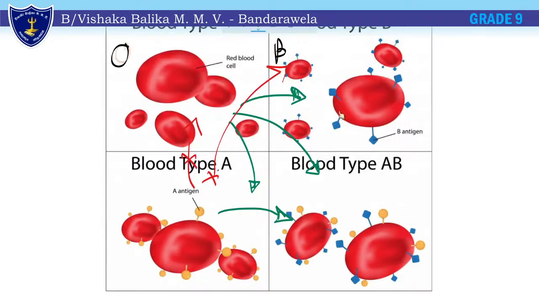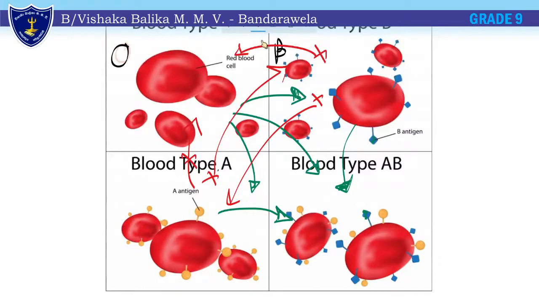Giving B to the others: B to O impossible, B to A impossible, B to AB possible. Why is that? AB contains the B antigen. Therefore, that is possible.